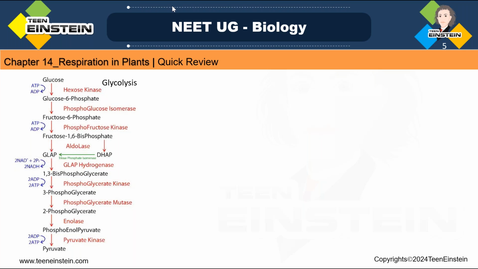Where is the enzyme ATP synthase present? It is present in the F1 region of the elementary particle of the mitochondrial membrane. This is a very, very important, repeated question, and slightly confusing, right?